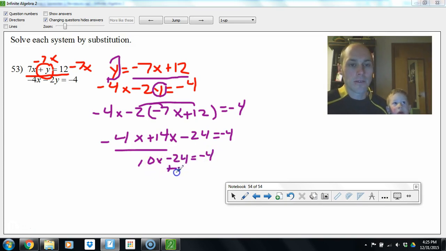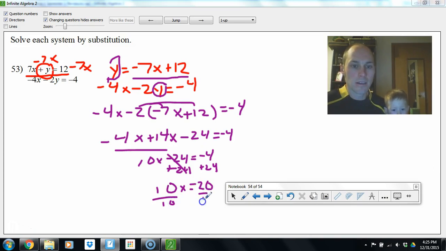And then add 24 to both sides. Gives me 10x equals 20. Uh-oh, am I boring you? And divide both sides by 10. X equals 2.